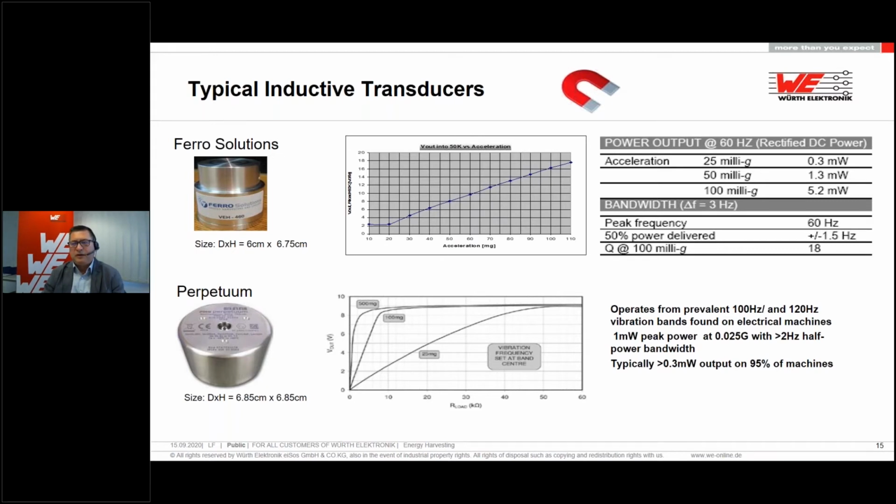This is completely energy harvesting, completely maintenance-free. You don't need anything, just screw it to the wheel and that's it. It works until the train is destroyed. Yeah, this is one of the applications from these guys.